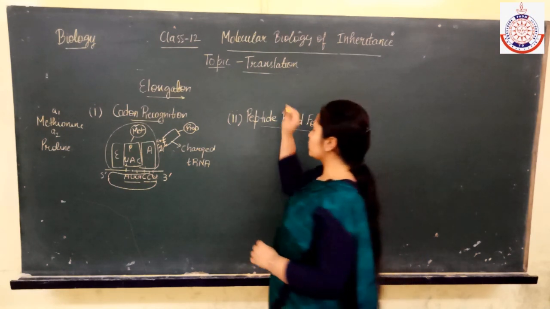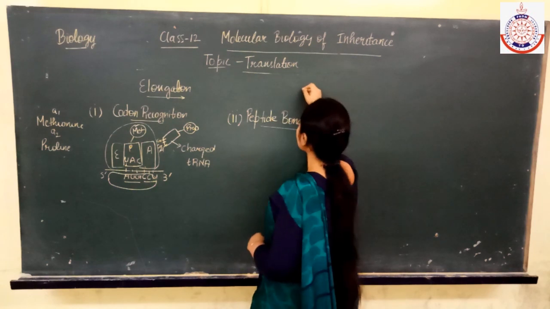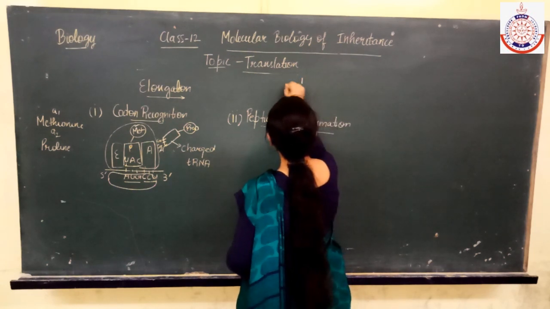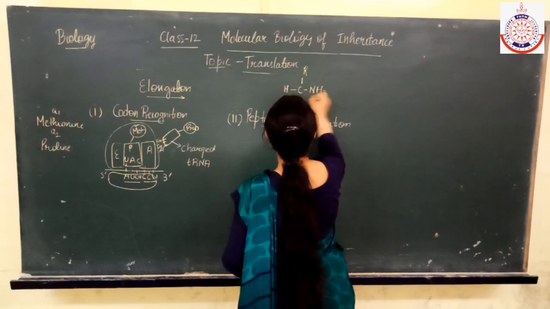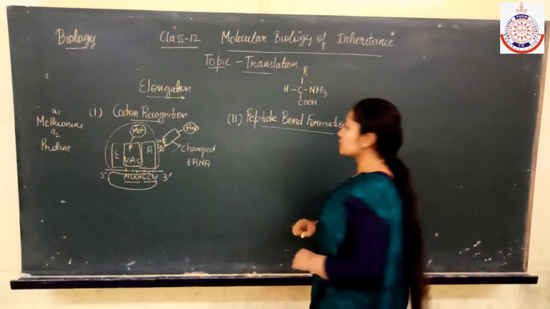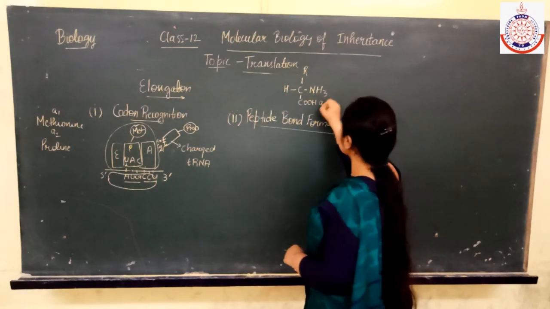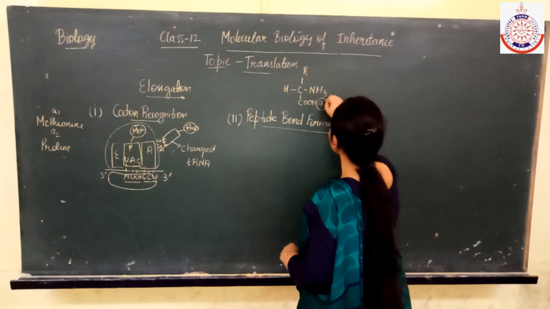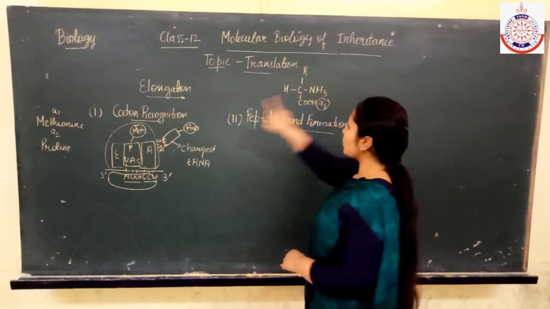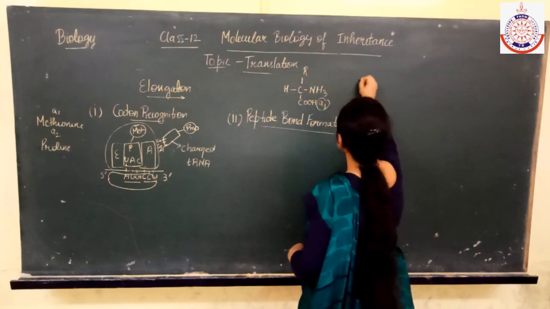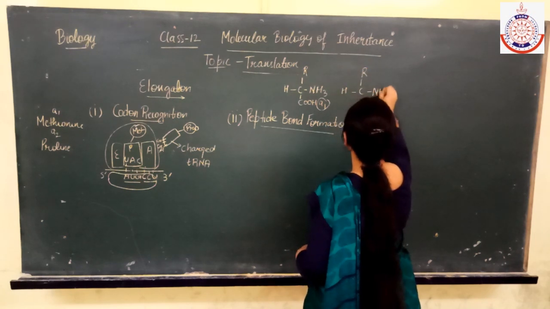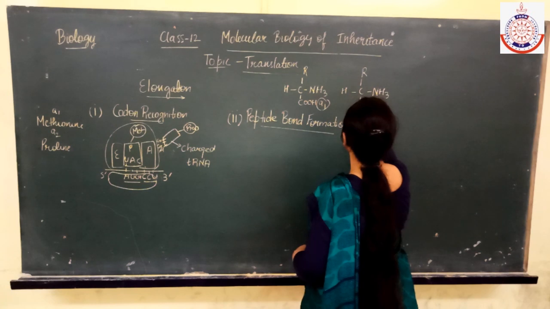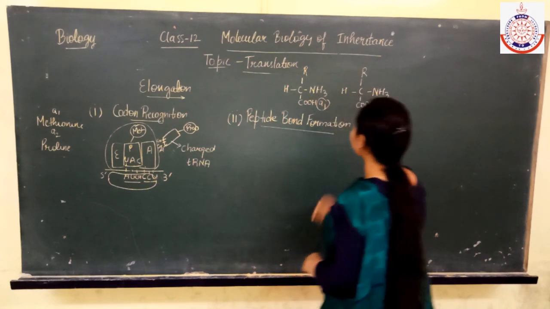Let's discuss the structure of one amino acid: C, H, R, NH3 and here COOH. This is the structure of one amino acid. If we take another amino acid, suppose the first amino acid is methionine, then the second has NH3 and COOH here.